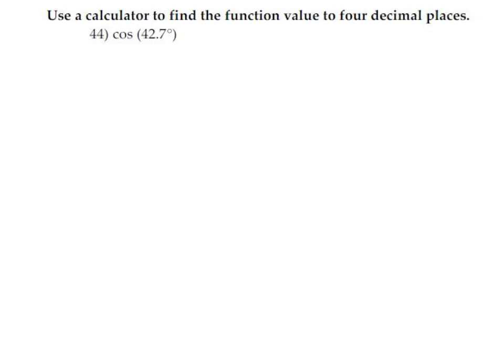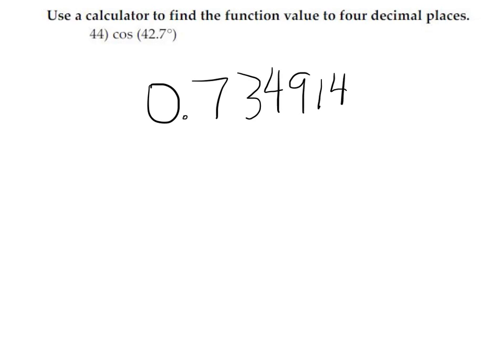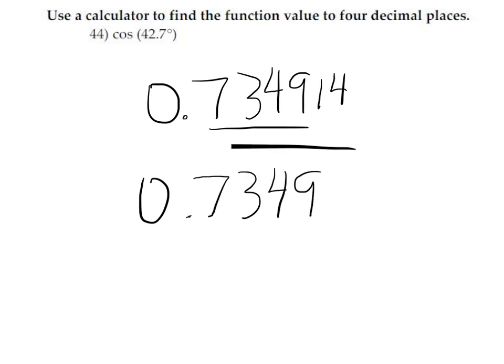So that's what mine does. Cosine, and you type in 42.7, close your parentheses. Hopefully all of your test questions are this easy. 0.734914, etc. 4 decimal places. The 9 does not get rounded up, so 0.7349 is your approximation.